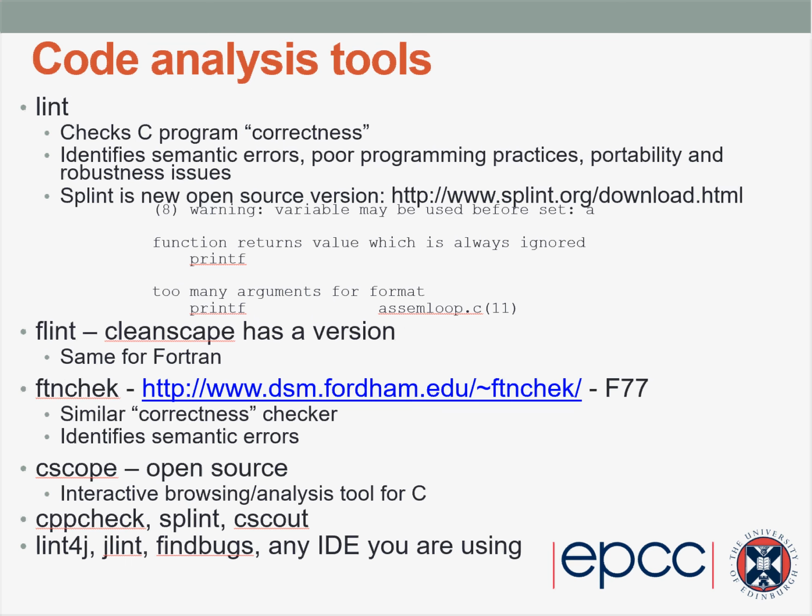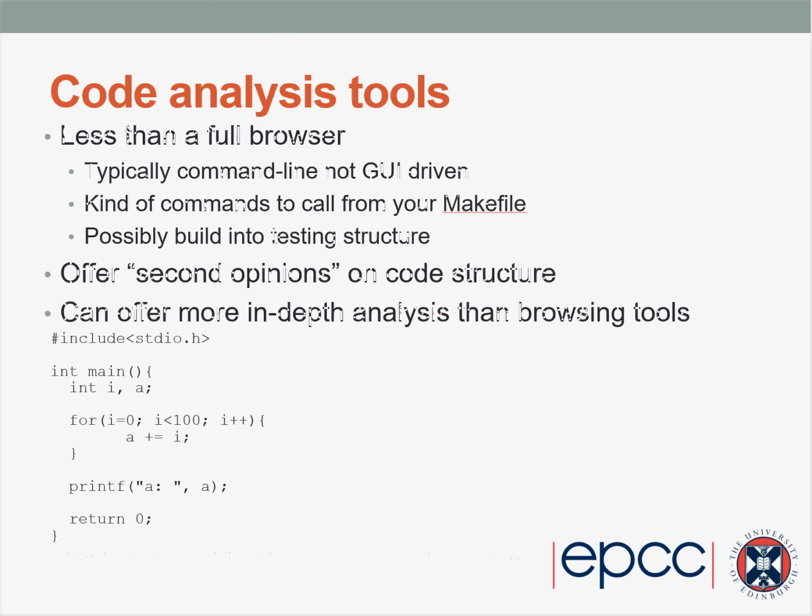And then it's also telling me some other things. So it's here saying function printf returns a value which is always ignored. There's too many arguments for printf, and both of those are true. Printf is a function which lets you pass in as many arguments as you want, so it has a special kind of definition, and that confuses it.